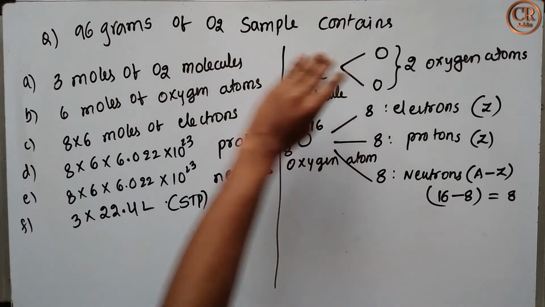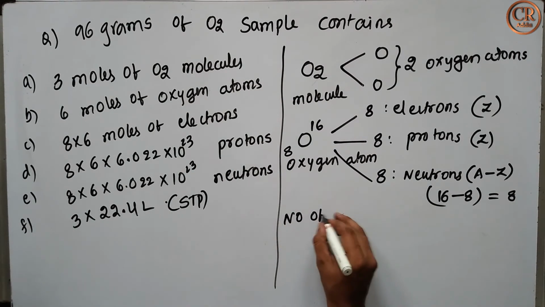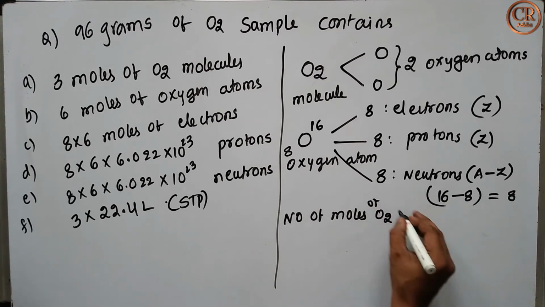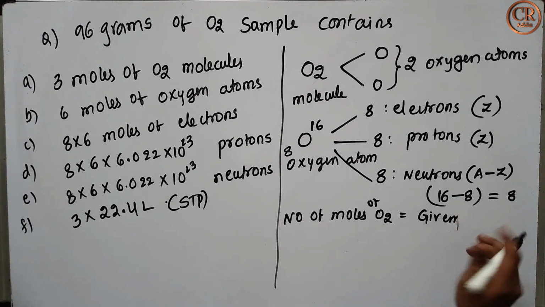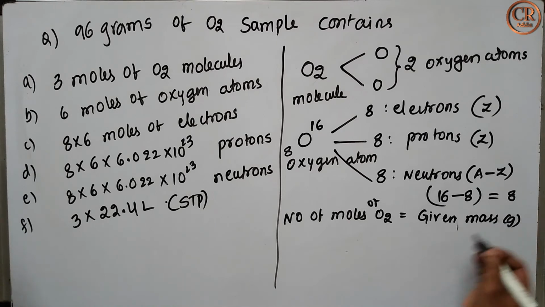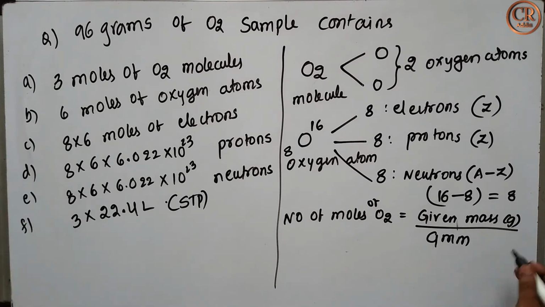So in this question, first we have to calculate the number of moles. The formula for number of moles of oxygen is given mass in grams by gram molecular mass. So what is the molecular mass of oxygen?